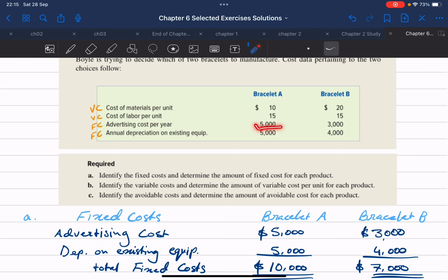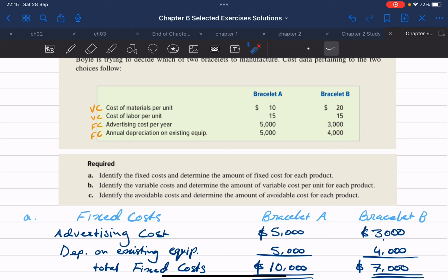Here, since it is different under each alternative, that makes this cost relevant information, and it is avoidable, right? If the company chooses B, they're only going to incur the $3,000 instead of the $5,000.